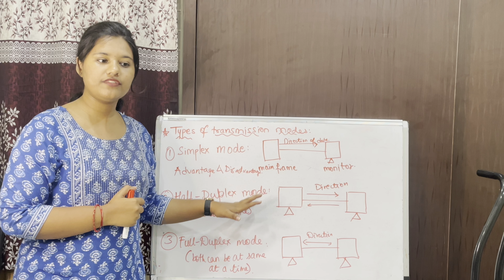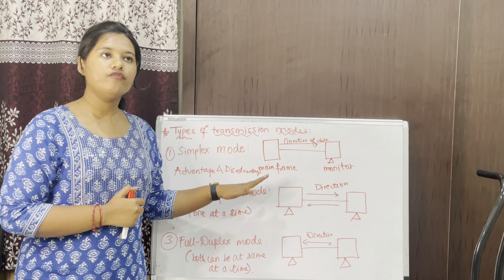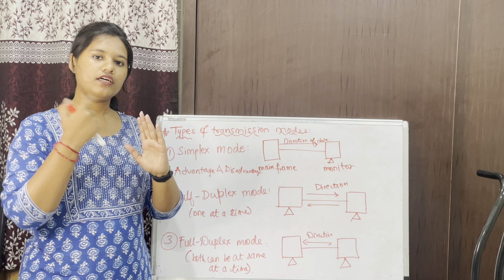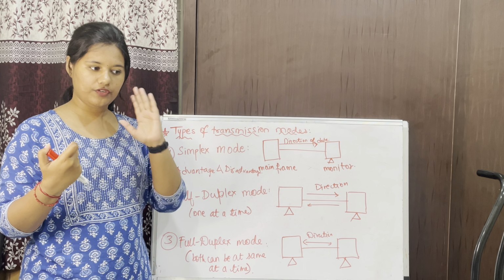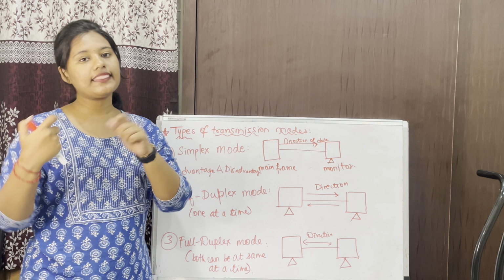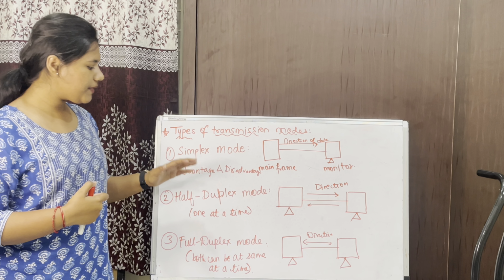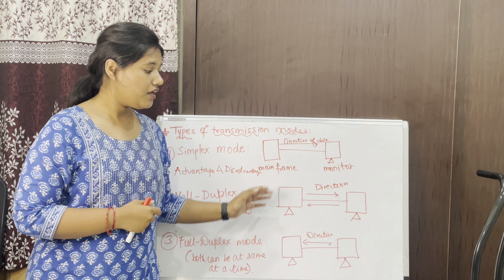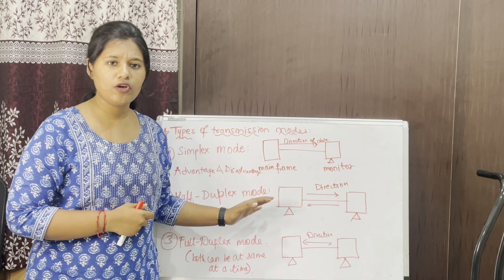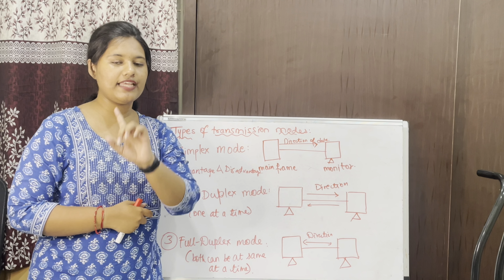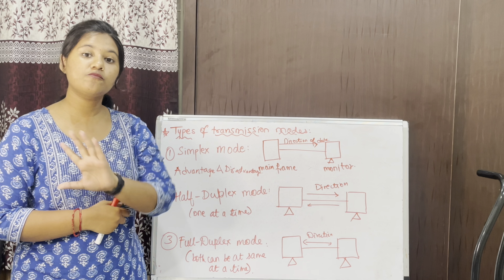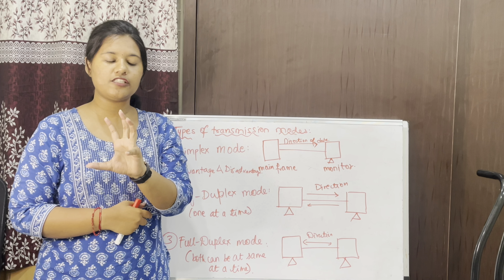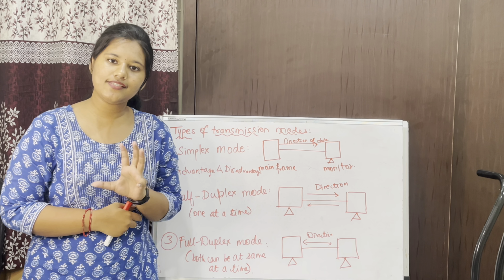An example of this is a walkie-talkie, where only one speaker can speak at a time, and the listener should wait for the speaker to end and then respond back. So this is a bit lengthier process. And again, the advantage here is that it uses lots of bandwidth because only one activity is taking place at one time. So it uses its maximum bandwidth to send as much data as it can. It can transmit a large amount of data at a single time.